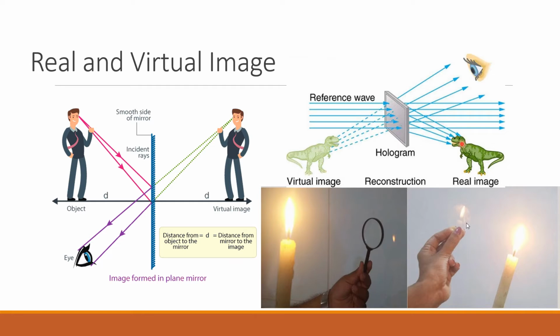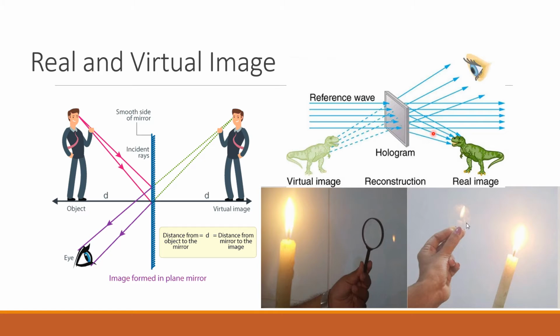But for our normal human eye, it appears that the light diverges from this point, as you can see in this figure. So these dotted lines are your imaginary lines, but these solid lines are your real lines.